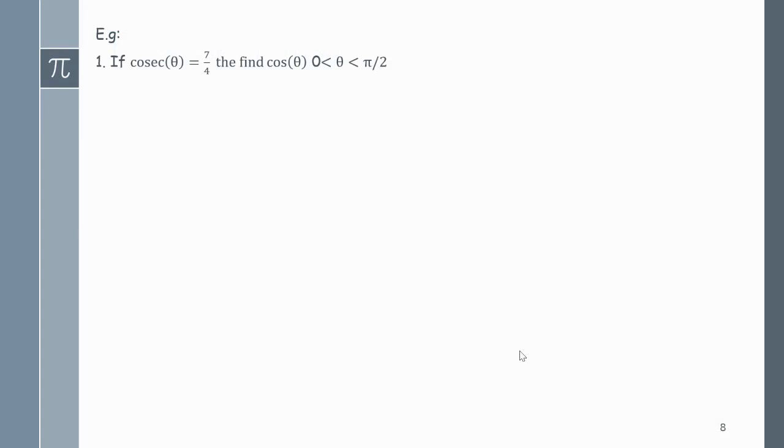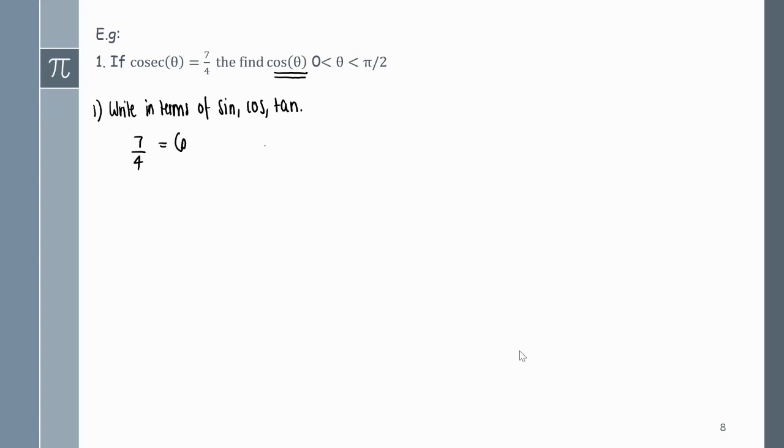So we have: if cosec theta is equal to 7 over 4, then we have to find cos theta, where theta is between 0 and pi on 2. Your first step is to write cosec theta in terms of its reciprocal. So is it 1 over sine, 1 over cos, or 1 over tan?